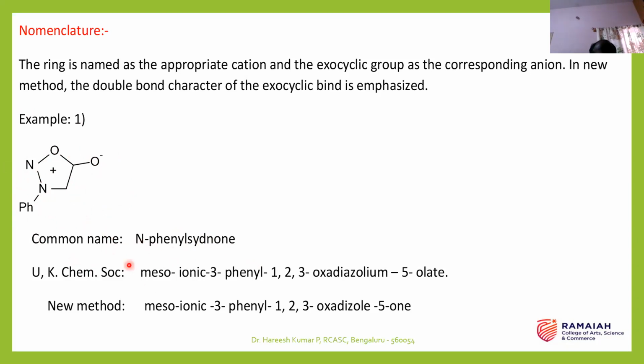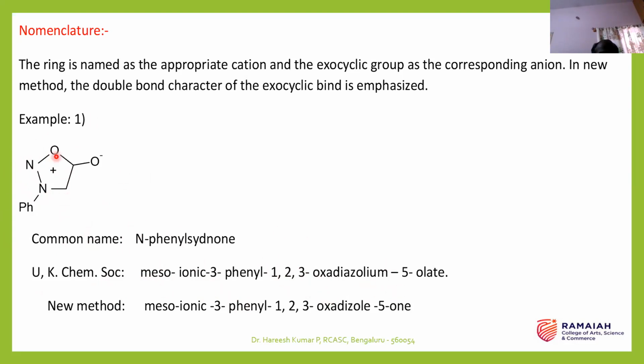And the name as per the Chemical Society, in the UK, which means not Uttara Kannada but the United Kingdom. How can you name it? You need to number: this is 1, 2, 3, so 3-phenyl. Then 1, 2, 3: oxa stands for oxygen, and since two nitrogens are present, diazolium.